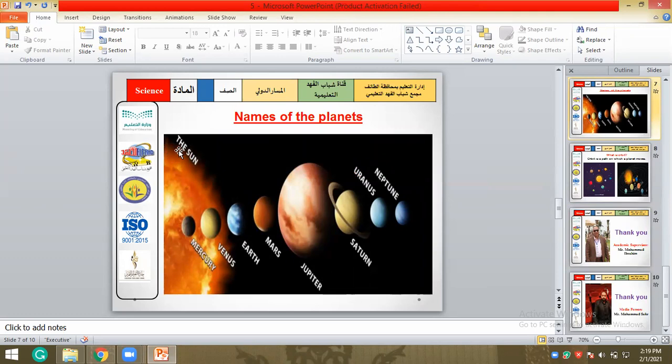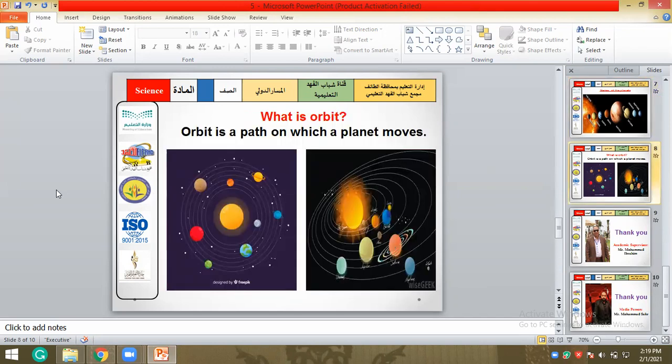Then the names of the planets. The sun, which is the biggest in the solar system, is in the center. Then we have Mercury, Venus, Earth, Mars, Jupiter, Saturn, Uranus, and Neptune. So there are 1, 2, 3, 4, 5, 6, 7, 8 planets in our solar system.